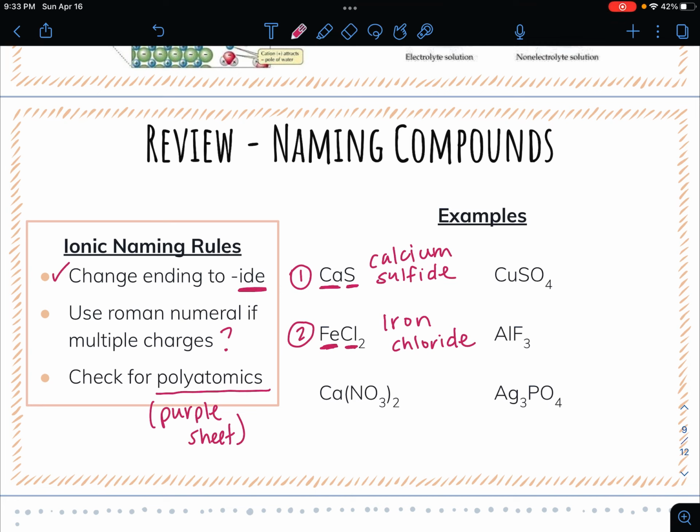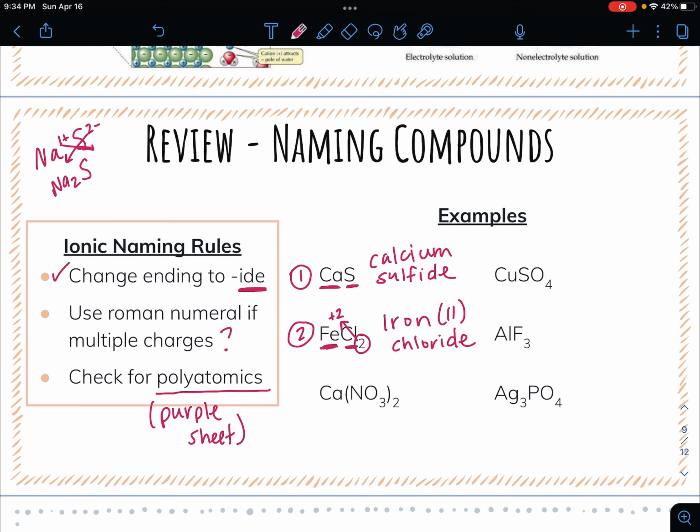So how do we know what charge iron is? If you remember, when we write our formulas, let's look at something like sodium sulfide. Remember, we crisscross our charges when we write our formulas. So that means that if I want to know iron's charge, I can just uncrisscross, and that will tell me its charge. So iron 2 chloride.